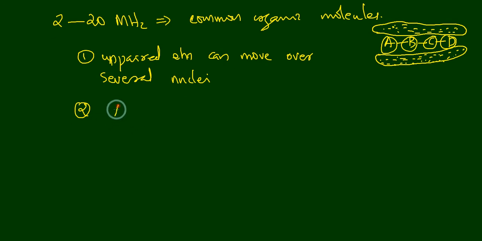The coupling constant A is proportional to the electron density at a particular nucleus. We are considering the coupling due to a particular nucleus, and that coupling constant will be proportional to the electron density at that nucleus. We already learned that the electron density at a particular nucleus will be much less than in the case of hydrogen.